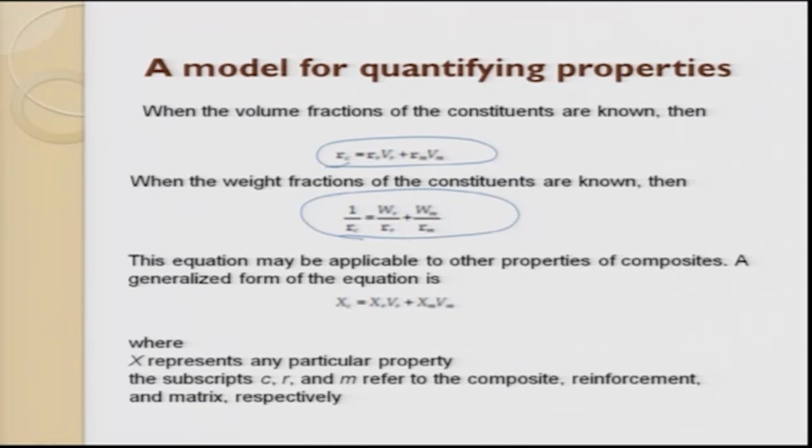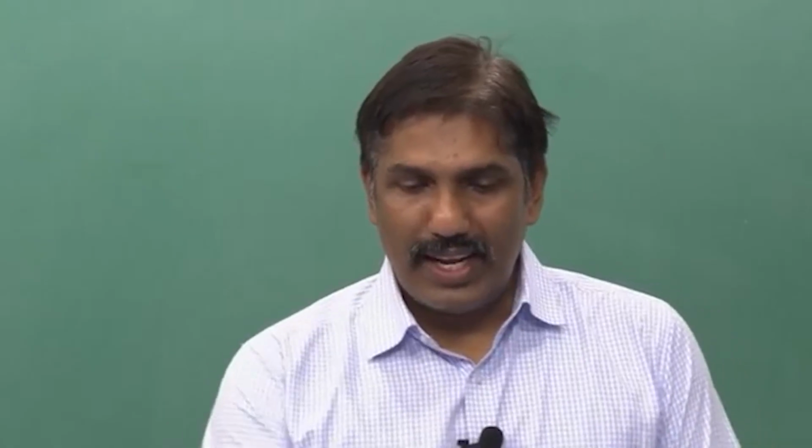A very generalized equation is given here, where X represents any particular property and the suffixes C, R and M refer to composite, reinforcement and matrix respectively. The next topic of discussion will be a model for quantifying the properties.